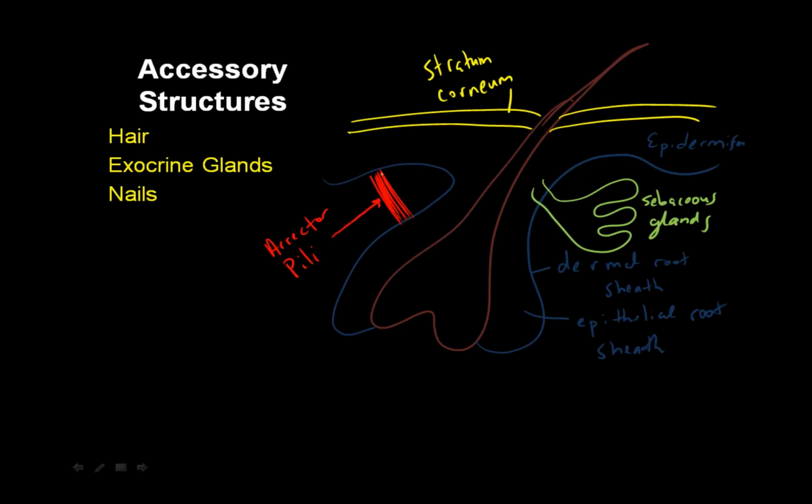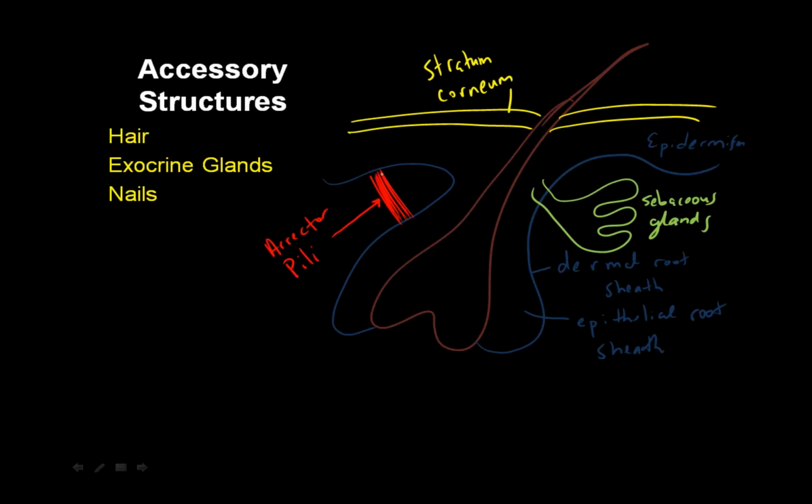Your book may call it a slightly different name, but it's the erector pili muscle, certainly what you'll see in the lab manual. What this erector pili muscle is, it is a smooth muscle fiber, which recall from histology doesn't give us any voluntary control. So you don't have voluntary control over when these contract and when they relax.